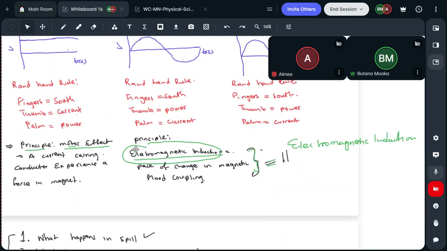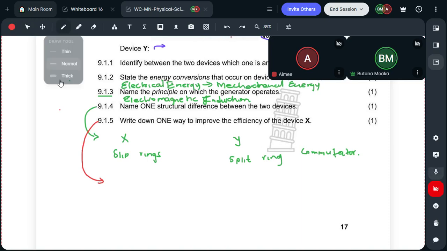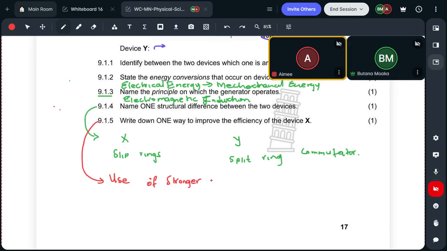Okay, I don't see this one, but in order for us to improve the efficiency of AC generators, we need to use strong magnets. Did I mention something about magnets in our previous lesson?